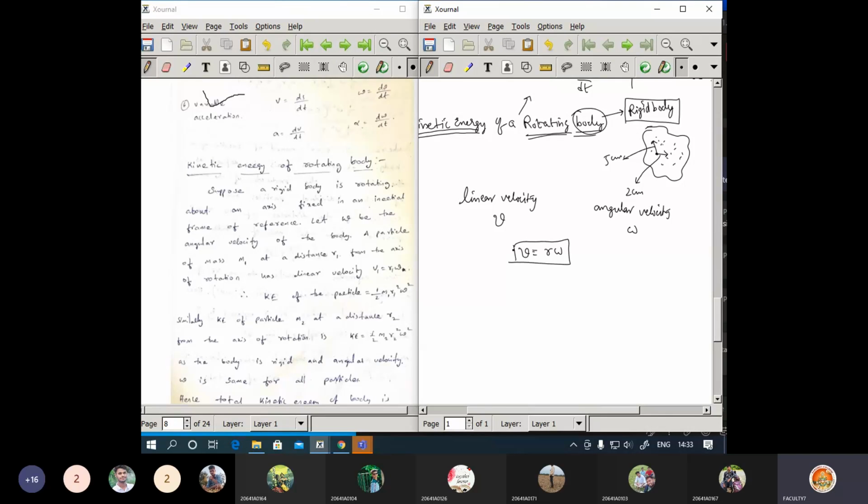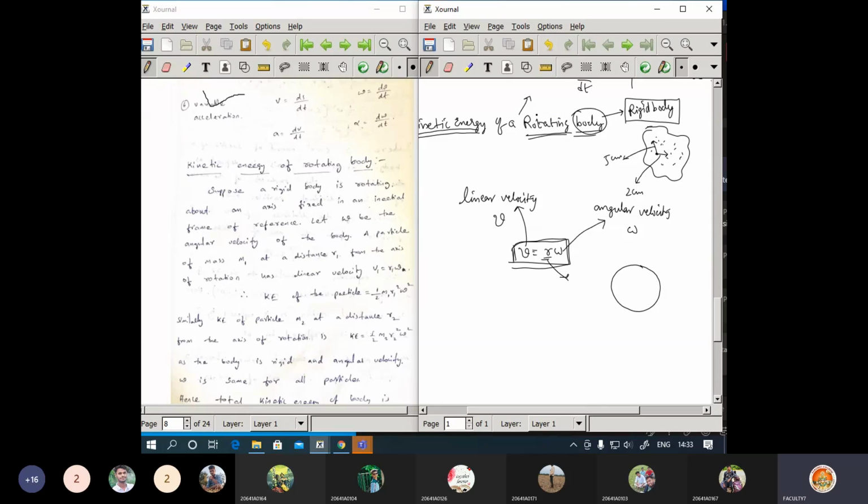You need to identify and remember this. v is the linear velocity, omega is the angular velocity, and r is the radius of that circular motion, or the position of the particle from the center of the object or the axis. How can you identify this? Let us go with the diagram. I will take a circular diagram.